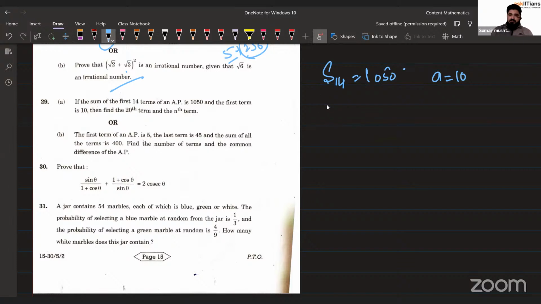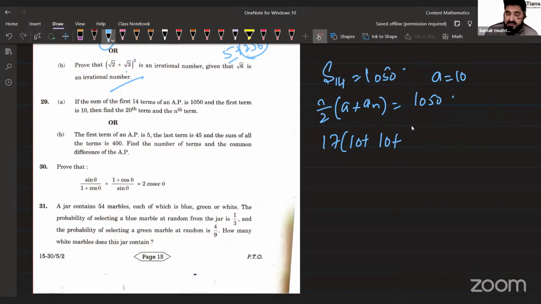That is n by 2 into a plus an. I will use this, equal to 1050. After evaluation, 14 by 2 is 7, a is 10 plus an, the last term, which is a plus n minus 1 into d, that is 13d, equal to 1050.